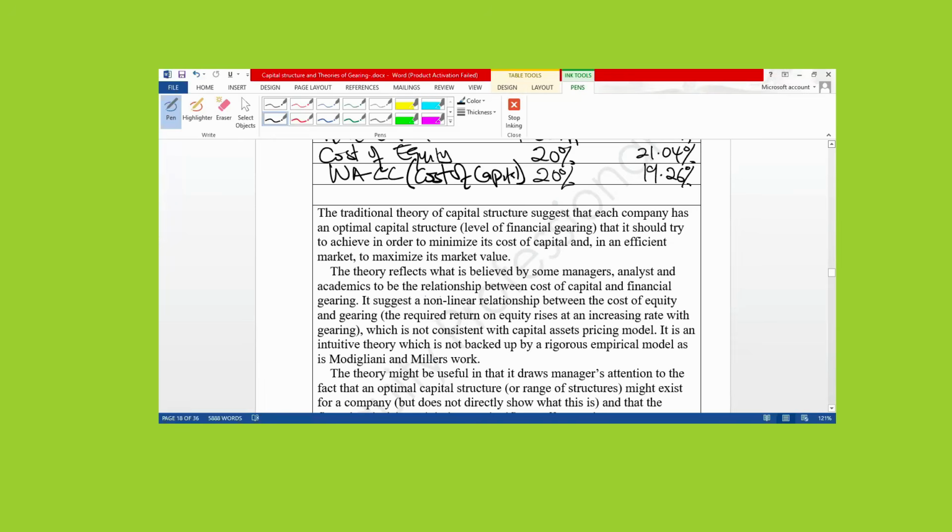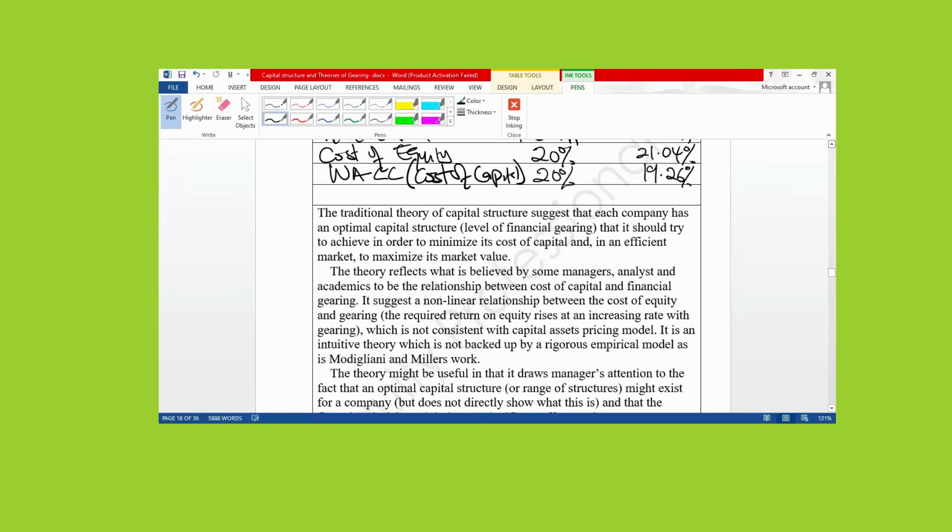Look at that. There's an optimal capital structure that you try to achieve so as to minimize your cost and maximize your value.